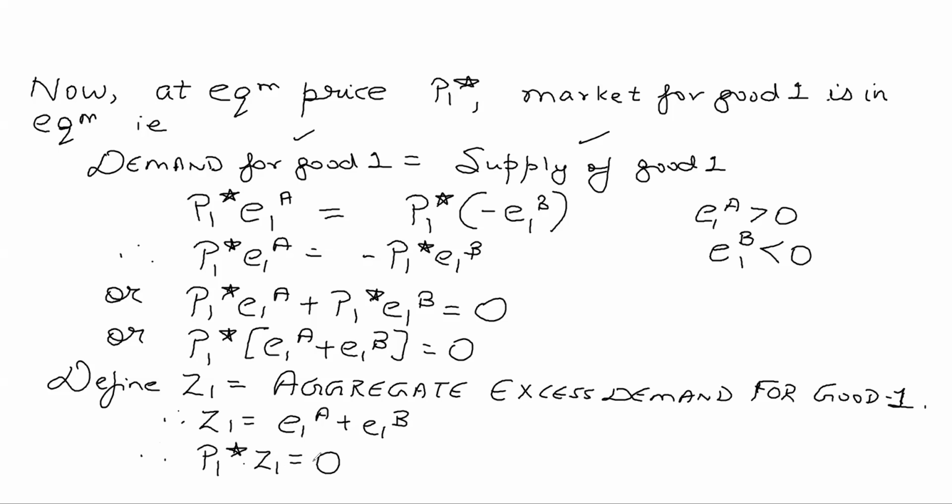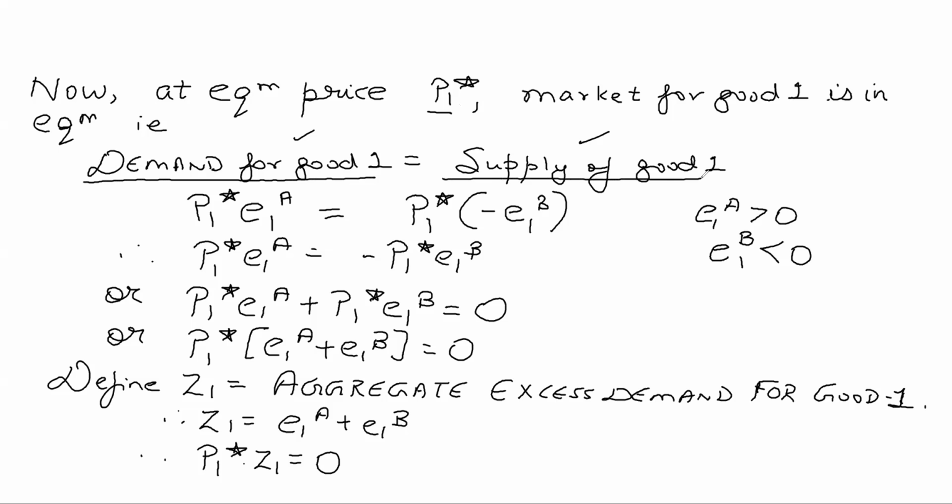Okay, so if I again explain the whole analysis to you, at the equilibrium price P1 star, market for good one is in equilibrium. Market for good one is in equilibrium means demand for good one is equal to supply of good one. That means suppose at the equilibrium price P1 star, agent A is a net buyer of good one.